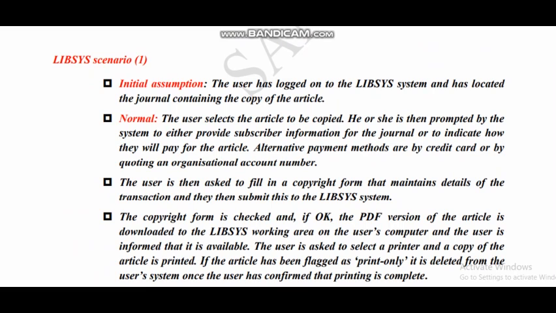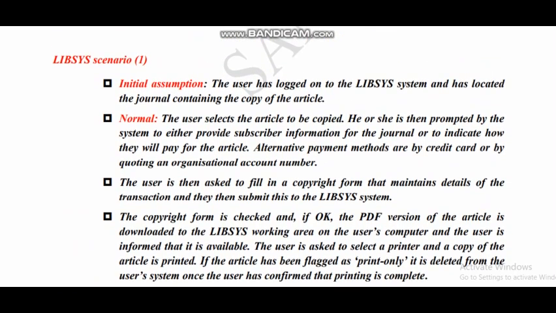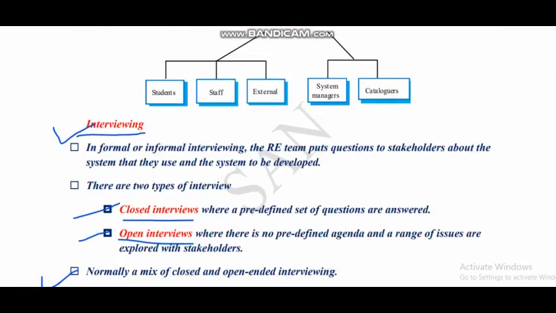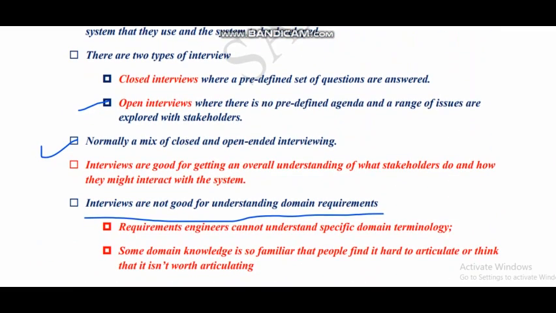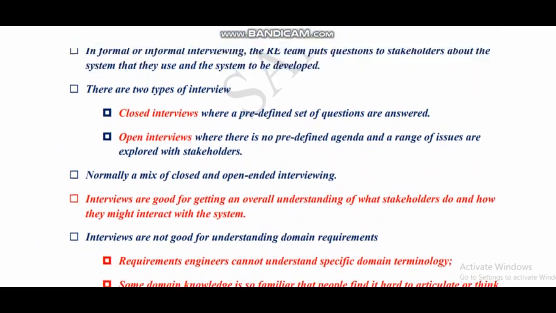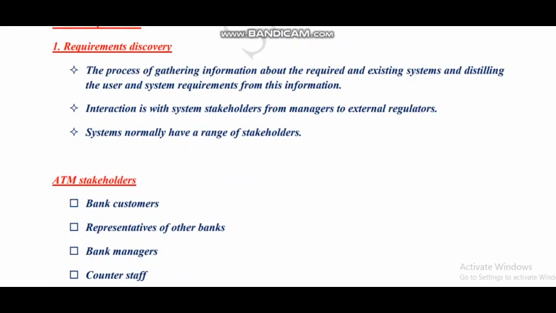In the examination you don't need to write this example. This example is just for your study purpose. You can just include the main points regarding the requirement engineering process, that is, what is the first phase in requirement elicitation. Just go for what is requirement discovery.